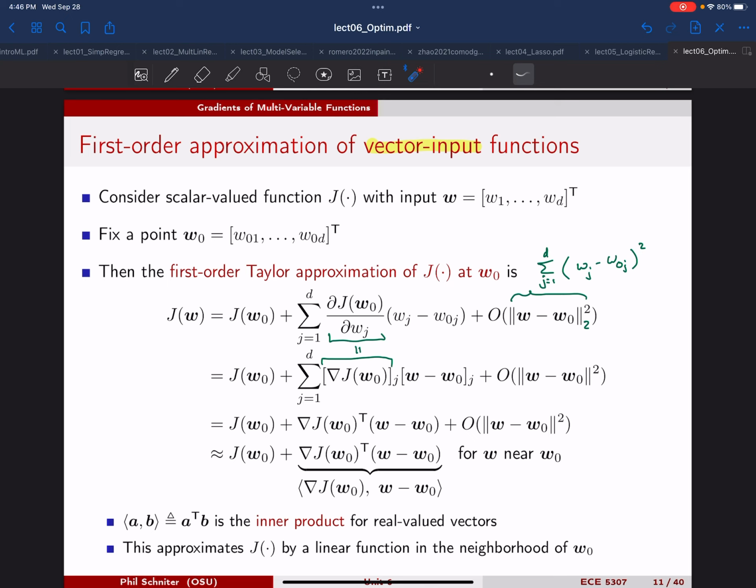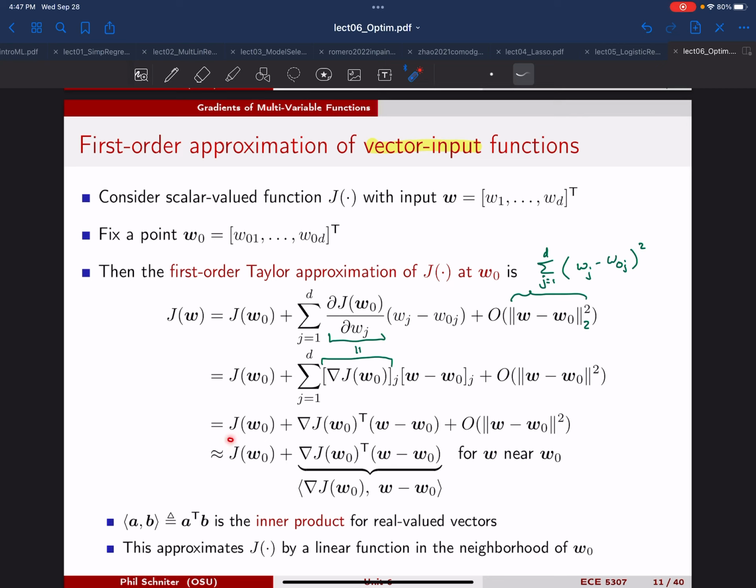Okay, so we have the sum of this entry of that vector times this entry of this vector, and hopefully you can recognize this as just what we call the inner product between those two vectors. So you take the first vector, transpose the second vector. That's all we're doing with this sum. Okay, so we have the gradient transpose the deviation.